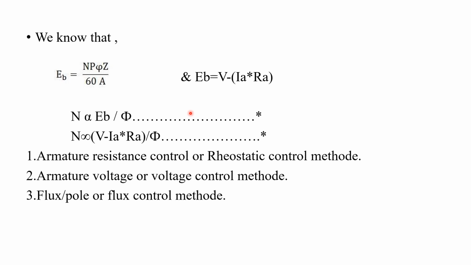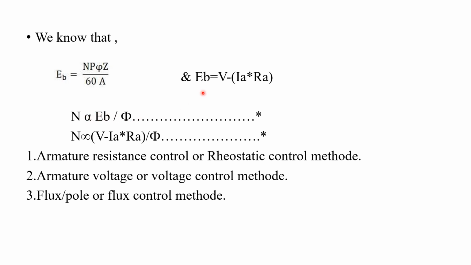From this equation, we can say that the speed is proportional to the back EMF and inversely proportional to the flux. So N is proportional to Eb by φ. This is one of the major equations, so we can keep it in mind.